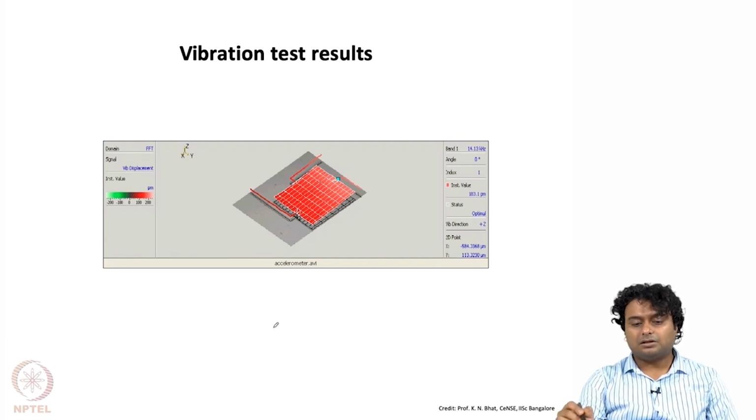And this is the actual vibrating image from the laser Doppler vibrometer, which is a kind of reconstructed image, and here you can see that the beams are much thinner than the proof mass.